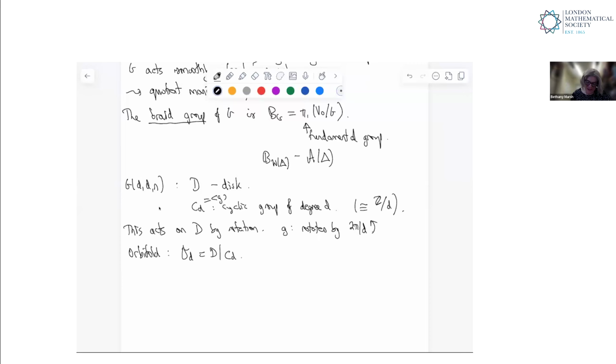What this actually does is it behaves pretty much like the disk. But as Francesca said, there's a point at the origin which is fixed by C_D. Every other point is in an orbit of size d. If you apply the group to it, you get d points. But the point in the middle is fixed by those rotations, and it has different properties in the actual orbifold.